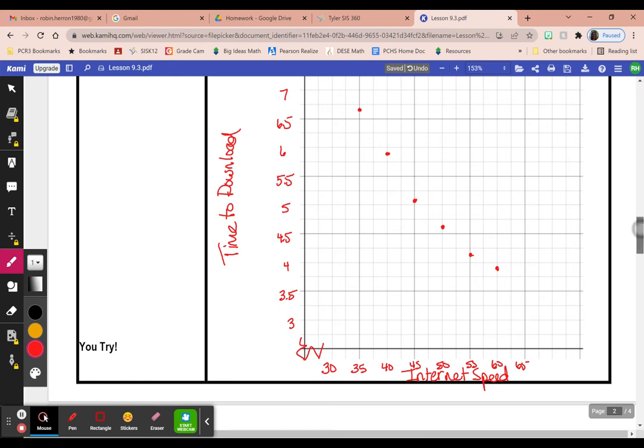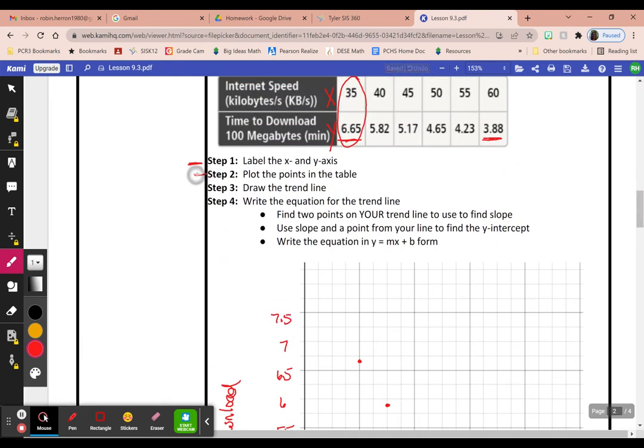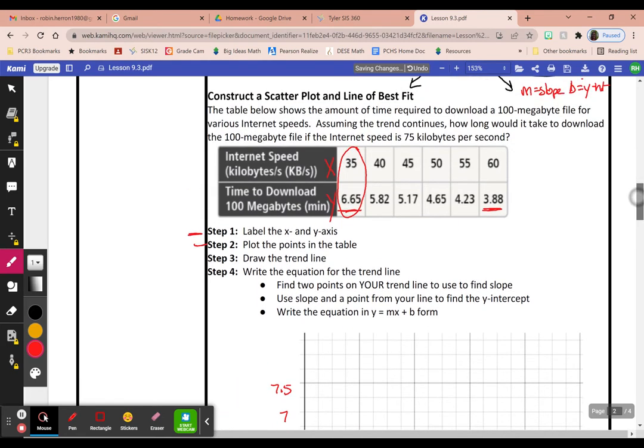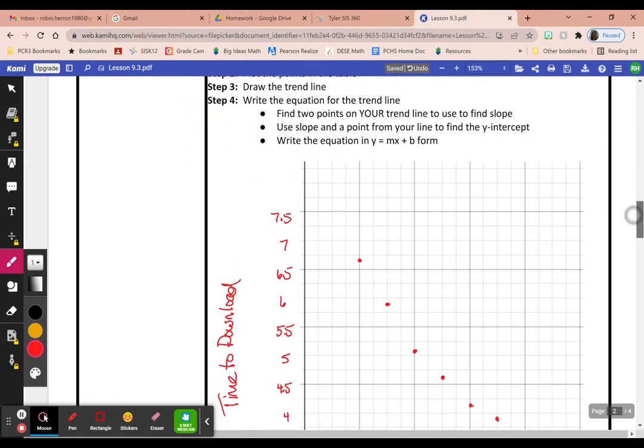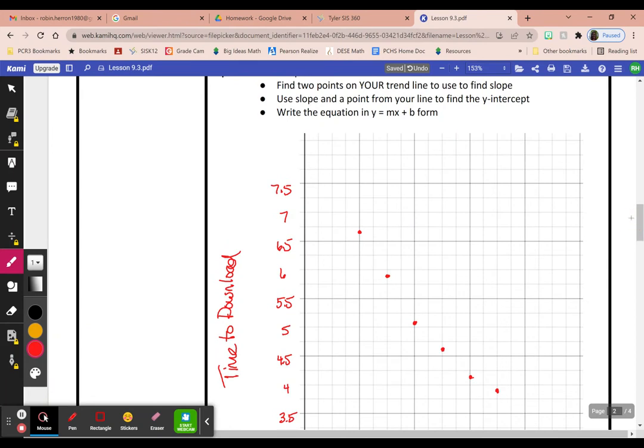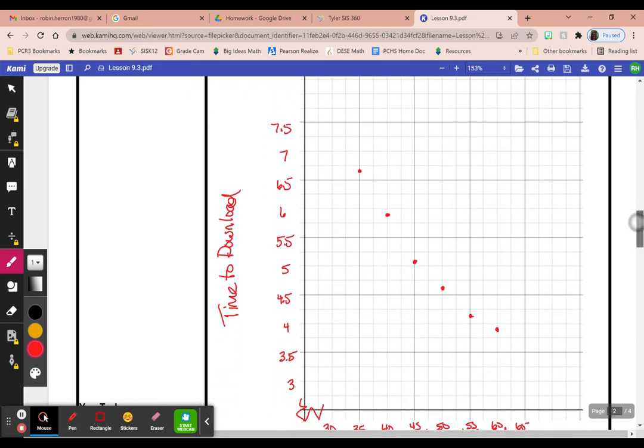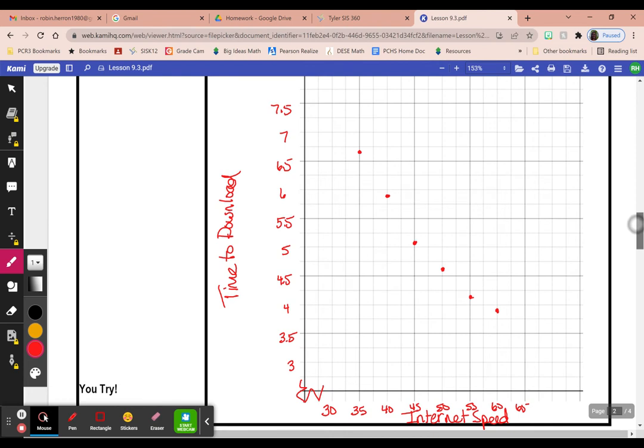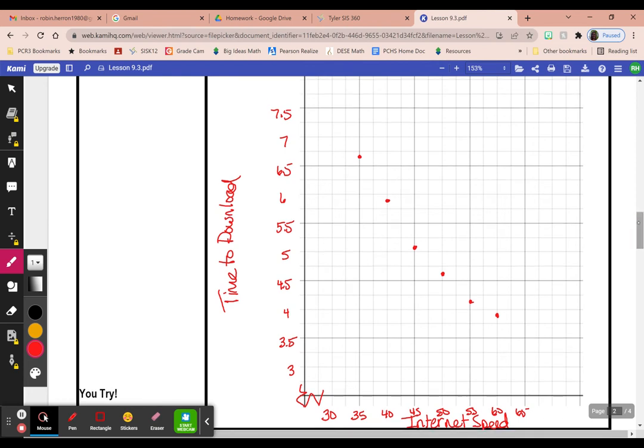So then what we're going to do next in our checklist here is we're going to draw the trend line, okay? So the trend line is kind of on you to get it where it needs to be, but the thing is we have to have 2 points that our trend line goes through, 2 points for slope, okay? So if I have to pick my line here, I'm going to grab my shapes, okay?